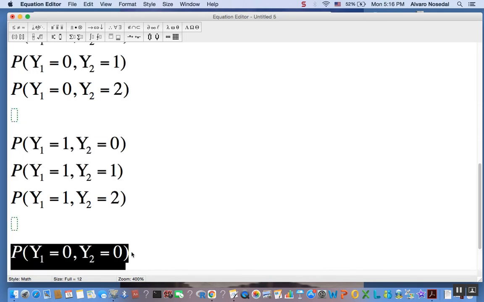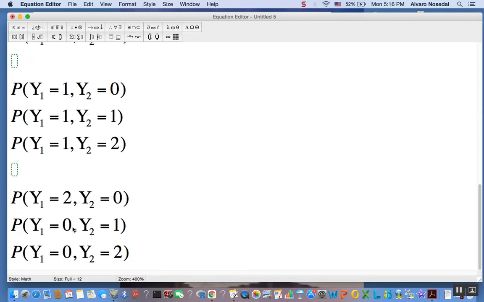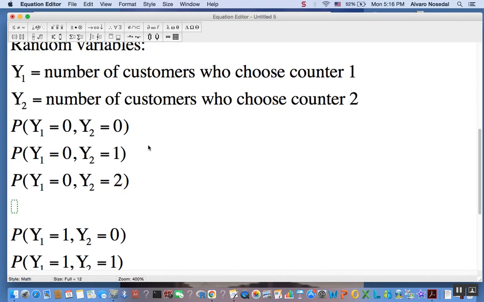And then we have another one where y1 could be 2. If we can find the probabilities for those outcomes, then we're done. That's the joint probability function that we're looking for.